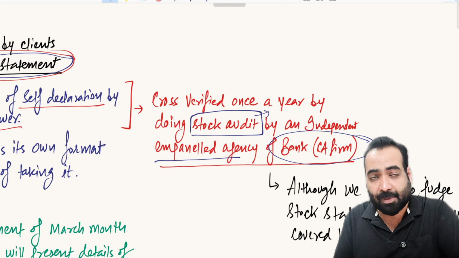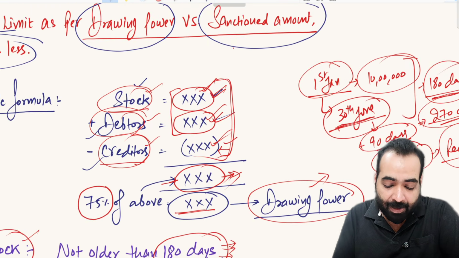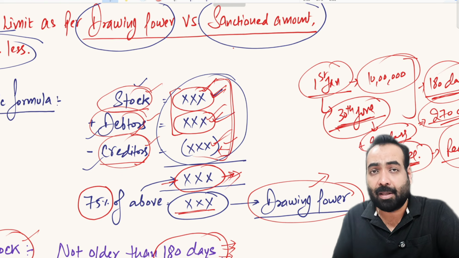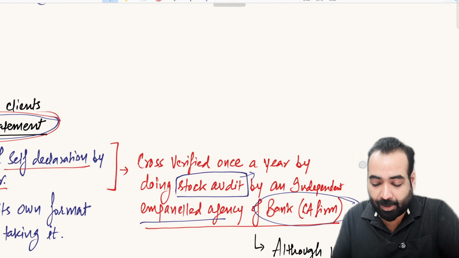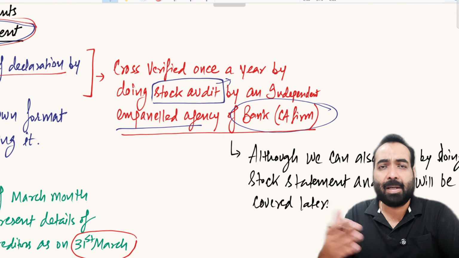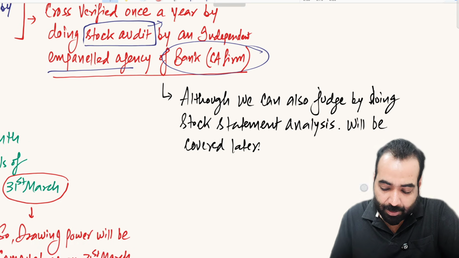This firm visits the premises of the borrower, they verify their records and they verify whether these figures that were declared by the borrower previously in their stock statements were genuine or not, right? They verify all of these figures, they verify the physical inventory at site and many other things that they verify when they do the stock audit, right?